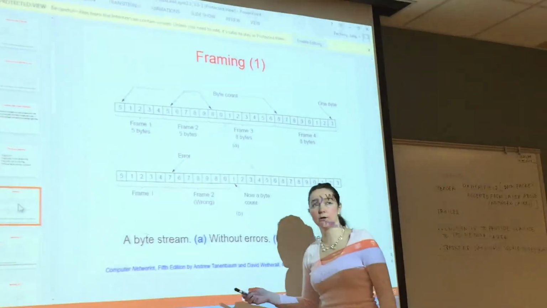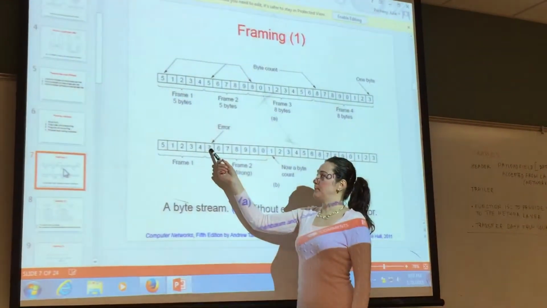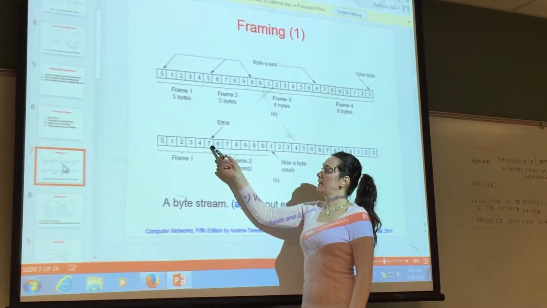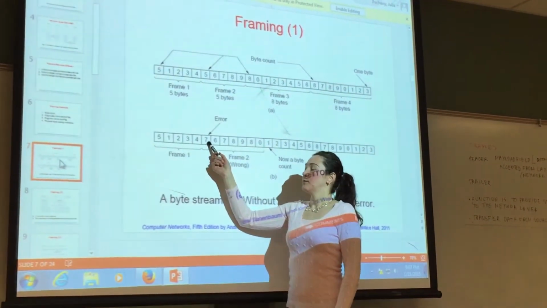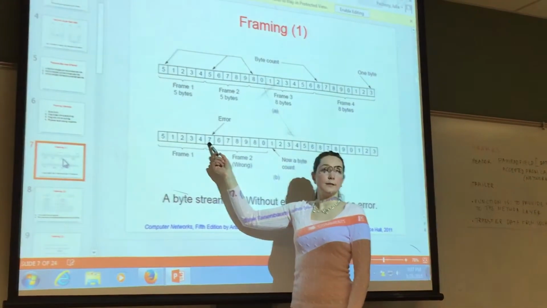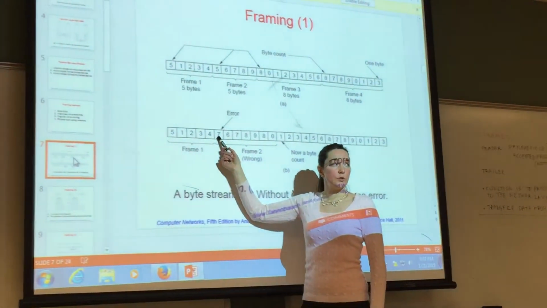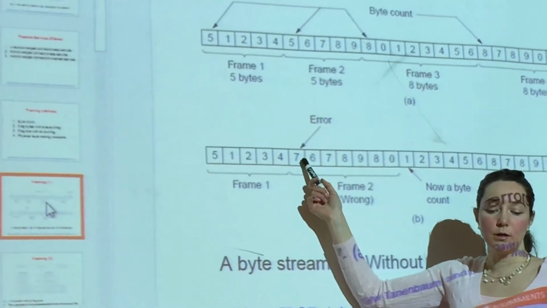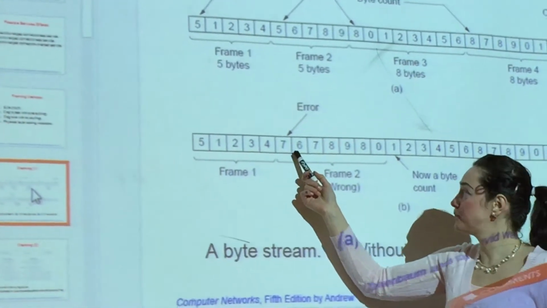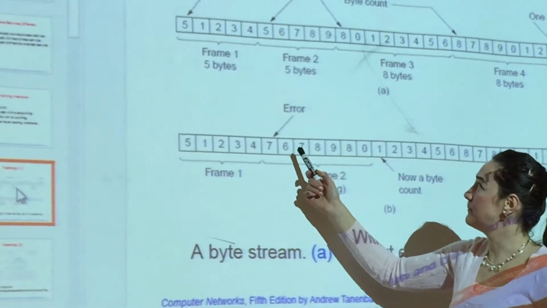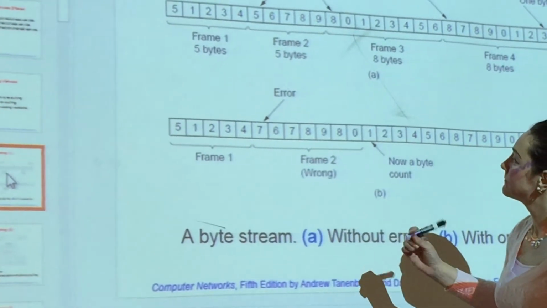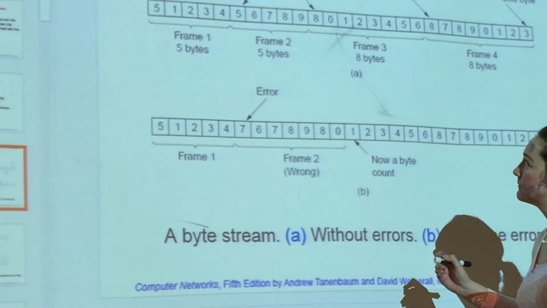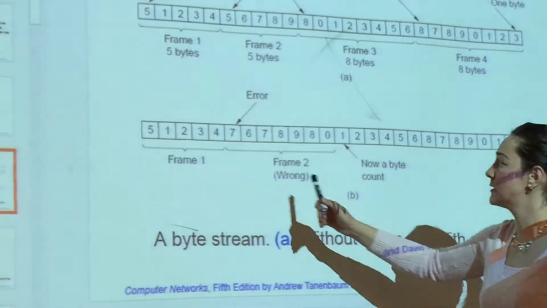So if there's an error anywhere in the data, it's okay. But if there's an error in the beginning, in the header where it shows the number of bytes, and there was noise on the channel, and that is now showing an incorrect number. This frame is supposed to be 5 bytes, but it's showing 7.